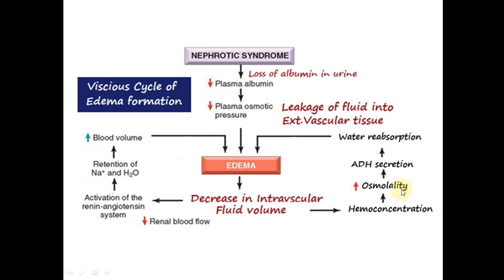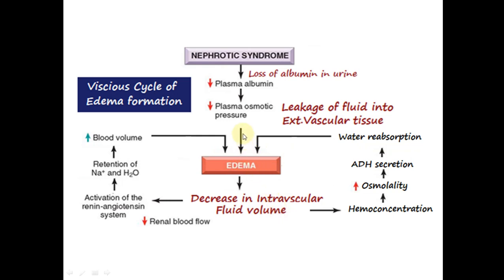And we know that increased osmolality in the blood stimulates antidiuretic hormone release from the posterior pituitary gland. And at the level of the distal convoluted tubules, this antidiuretic hormone or ADH will increase water reabsorption in an attempt to increase the intravascular fluid volume or blood.